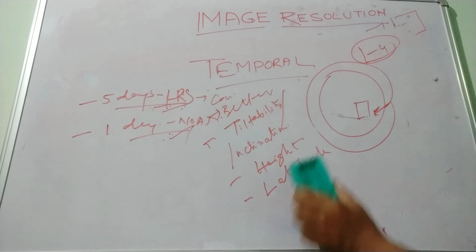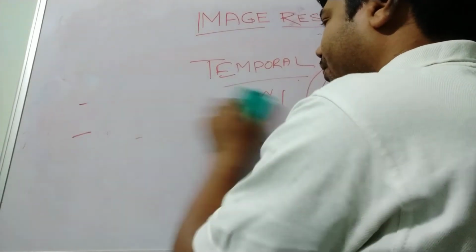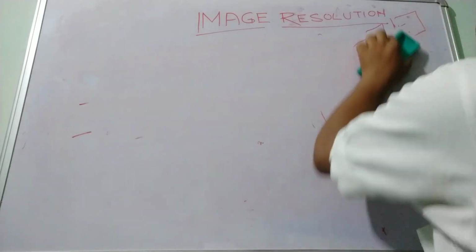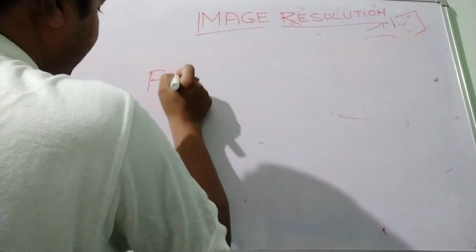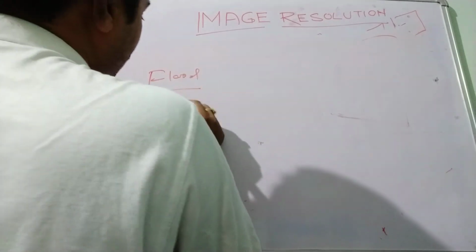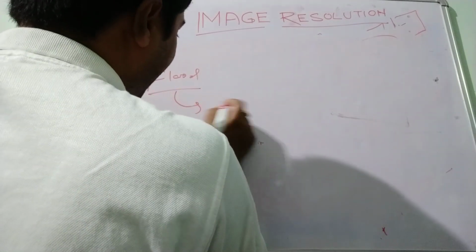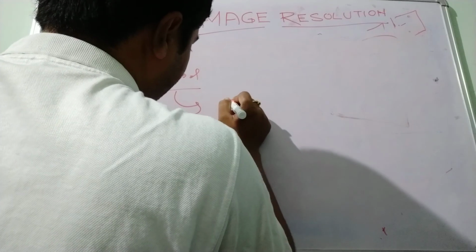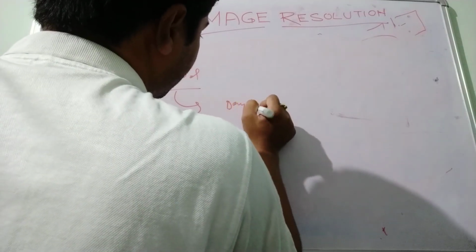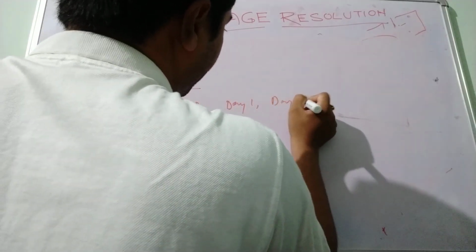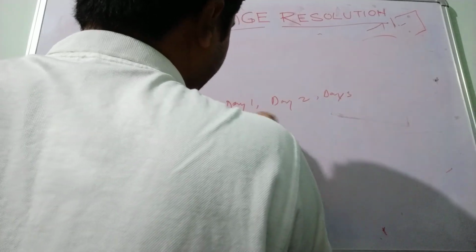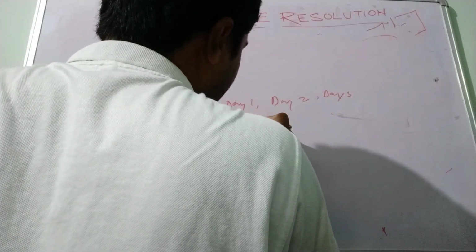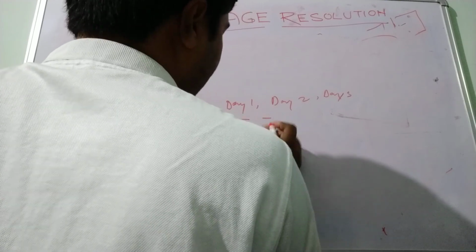For example, if we would like to see a natural hazard like a flood, suppose we want to see what is happening day by day, day 1, day 2, day 3. So we need to collect information with daily temporal resolution.